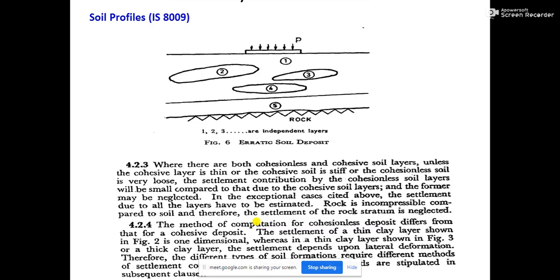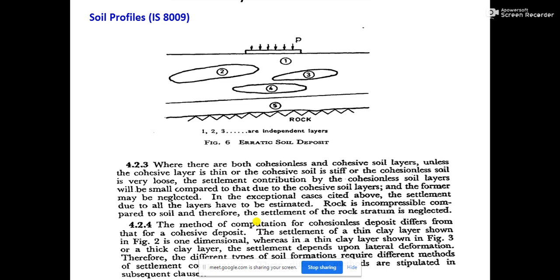In such a way we should be able to calculate the average C and average phi, and considering that average C and average phi in the case of a deposit of regular soil layers, you should be able to calculate the settlement of the foundation or the soil.